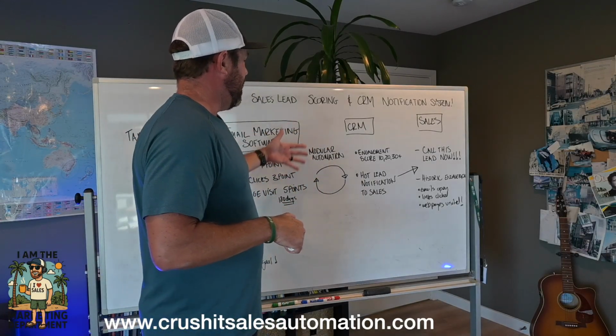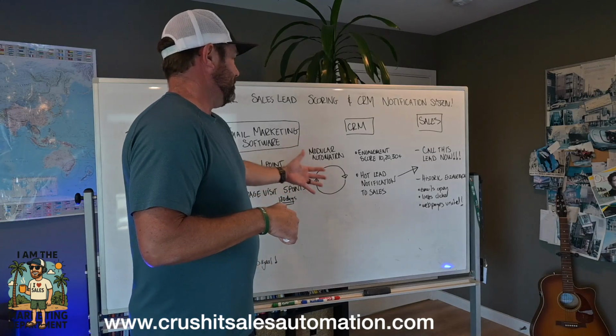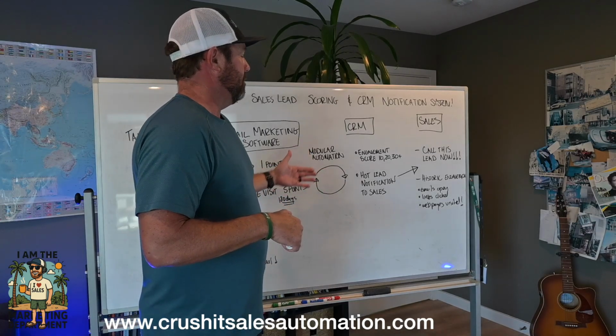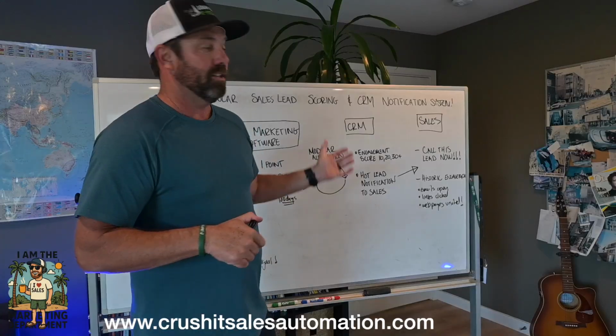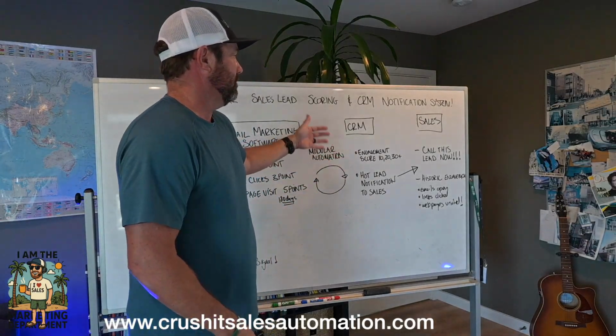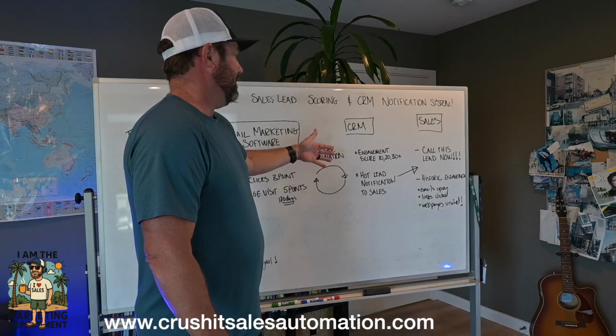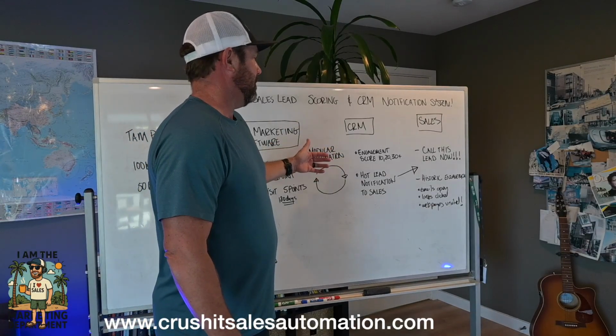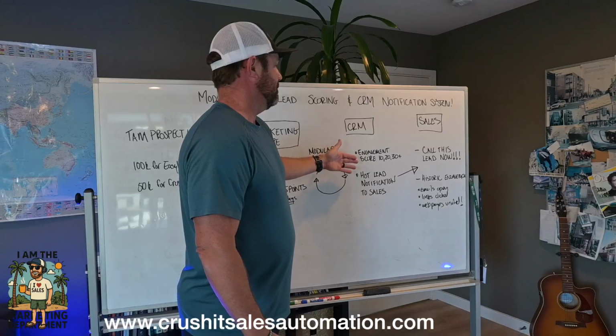Then the automation tallies up the score cumulatively over time and updates it continuously as the leads engage more and more. And then we have our CRM set to notify our sales team daily once prospects hit certain engagement scores.